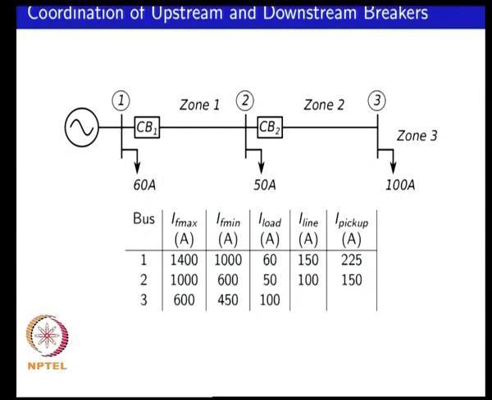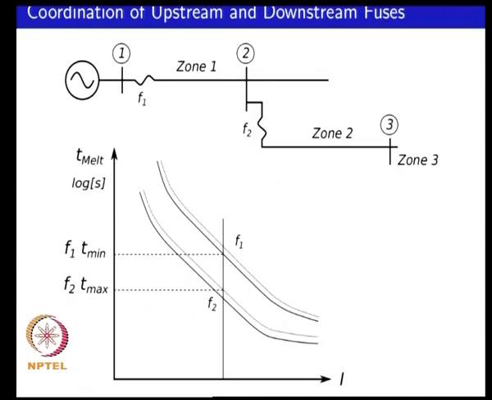Okay. So, the other thing that we did in this particular example is look at individual values of fault current levels and looked at the maximum, minimum, and looked at what the trip timings are of the breakers. Another way of looking at coordination is to plot your trip time versus current and see where the curve lies, and we will look at this, say, in the case of a fuse, and by looking at the position of the curve you can get a broader feel for is the coordination working or not.